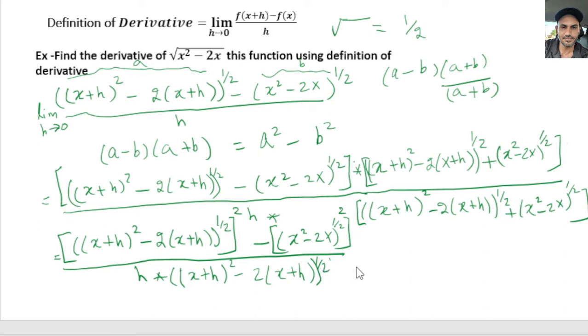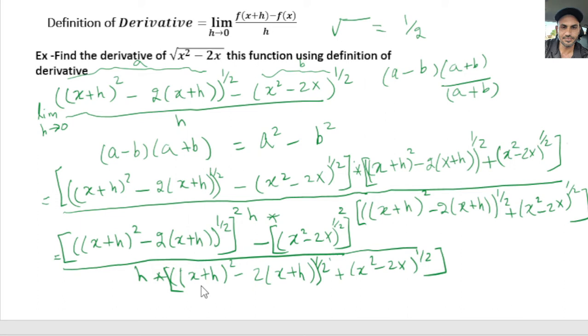Okay, this whole thing raised to 1/2, and plus x squared minus 2x raised to 1/2 right here. So we have that.